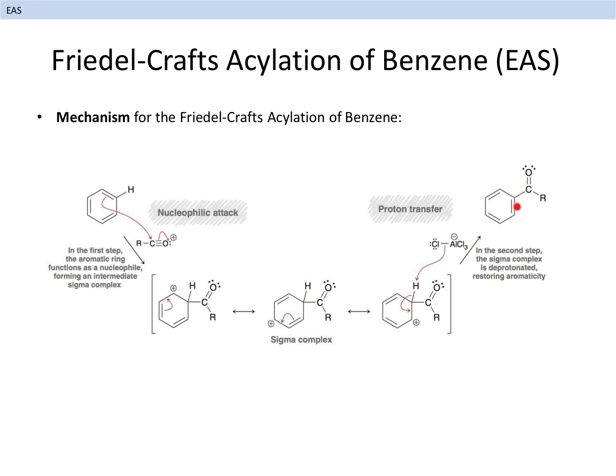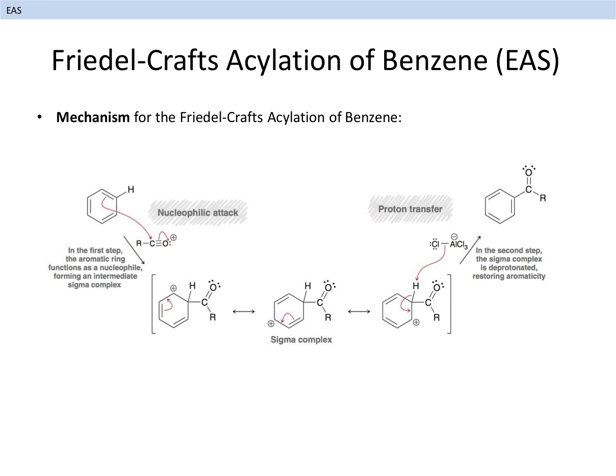The resulting proton then combines with the aluminum tetrachloride complex, regenerating the aluminum chloride catalyst and forming hydrochloric acid as a byproduct. The overall process results in the formation of an aryl ketone, such as acetophenone, when acetyl chloride is used as the acyl chloride, where a carbonyl group is attached to the benzene ring.